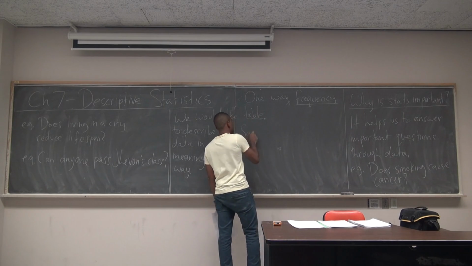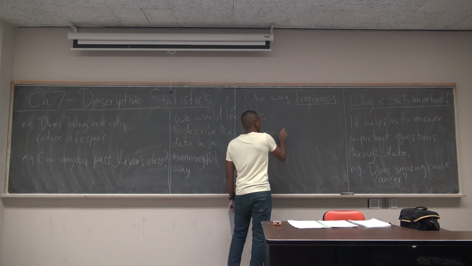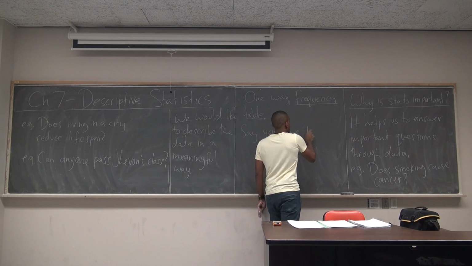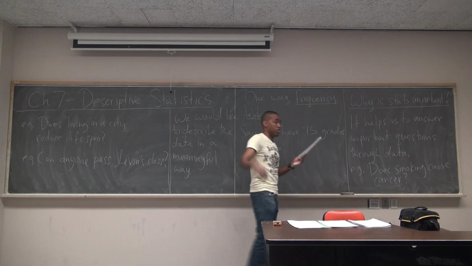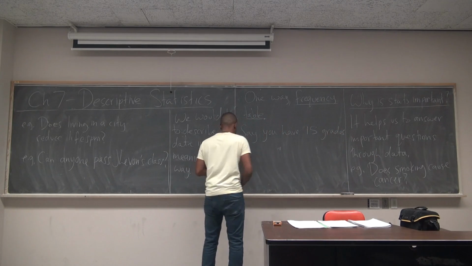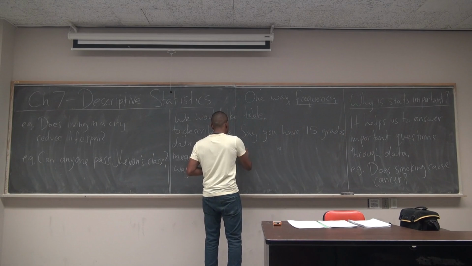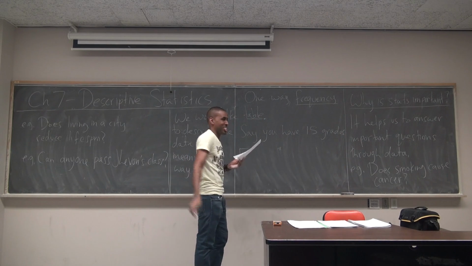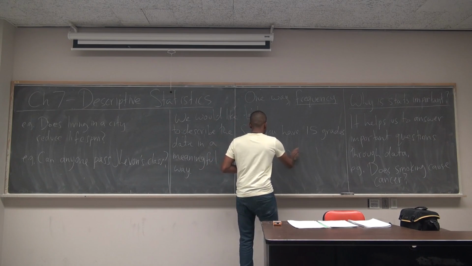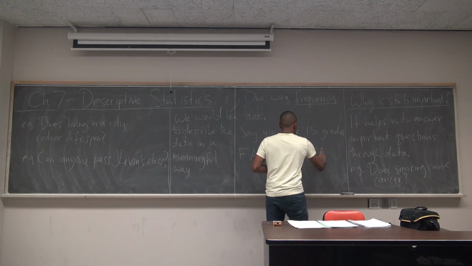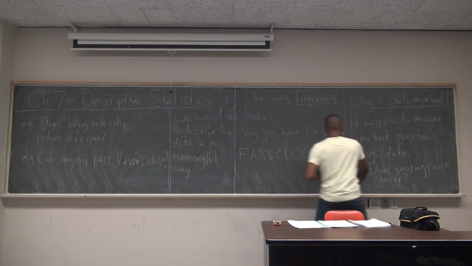So say you have 15 grades in a class, right? I'm not saying it's Jhevon's class, someone's class. First grade, F. It's Jhevon. I just thought I'd start with that one. A, B, B, C, D, C, C, F. This is A, definitely A. Jhevon's class. Too many A's.